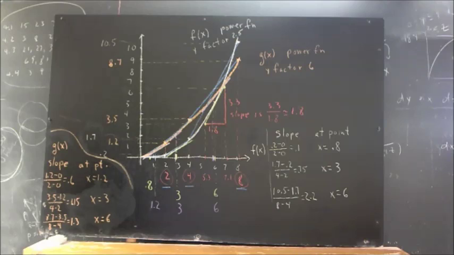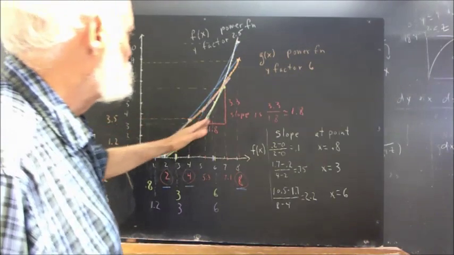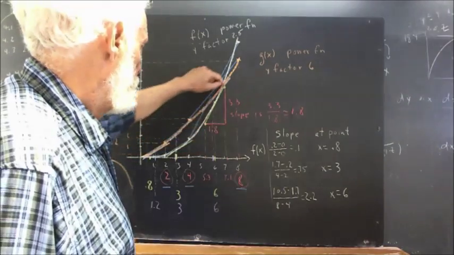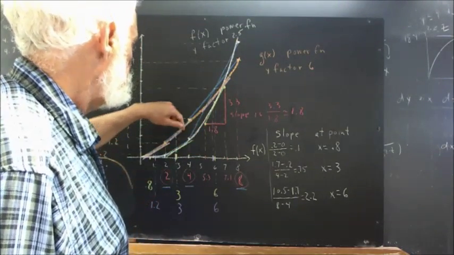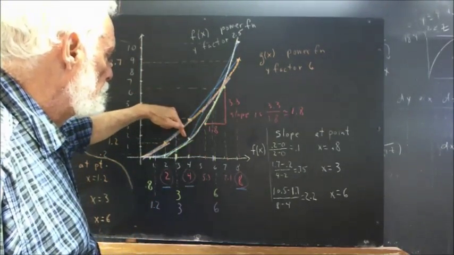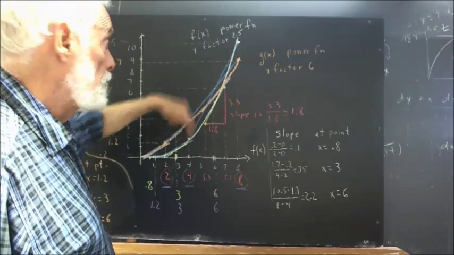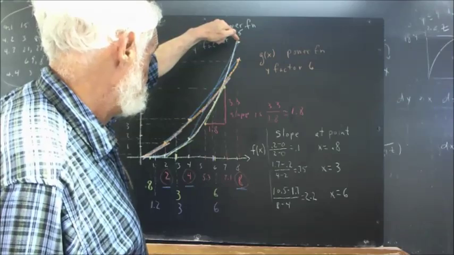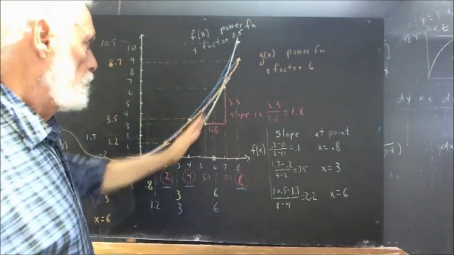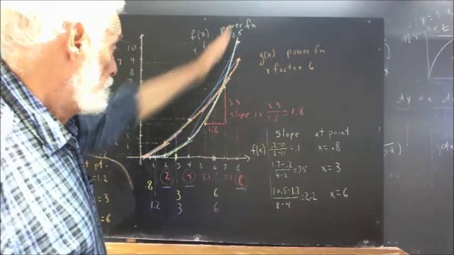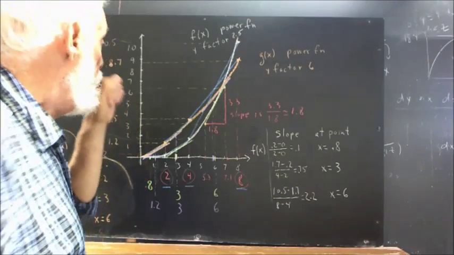Okay, now what we've done then is constructed a tangent line to this graph that's parallel to this blue chord, which goes from this point located on the graph to this point. Now the slope of that tangent line should be equal to the slope of the blue chord.